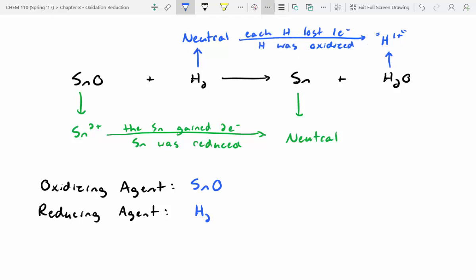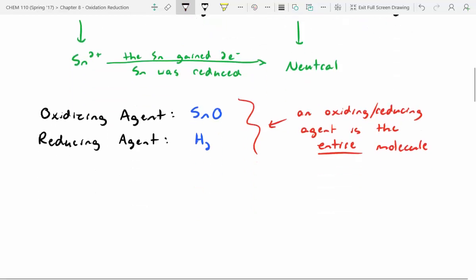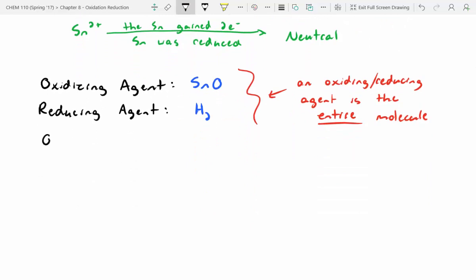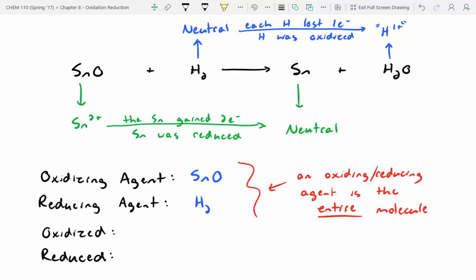The other thing that kind of tricks people is that you look at the entire molecule. However, when we're looking at what was oxidized and reduced, those were individual elements, right? When we went back and looked at this chart, I said each hydrogen lost 1 electron.